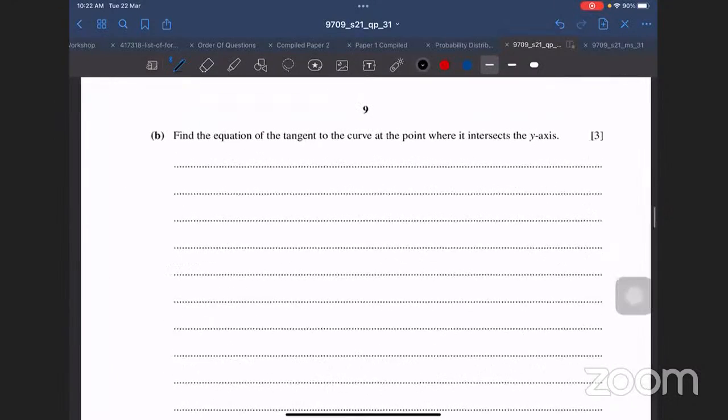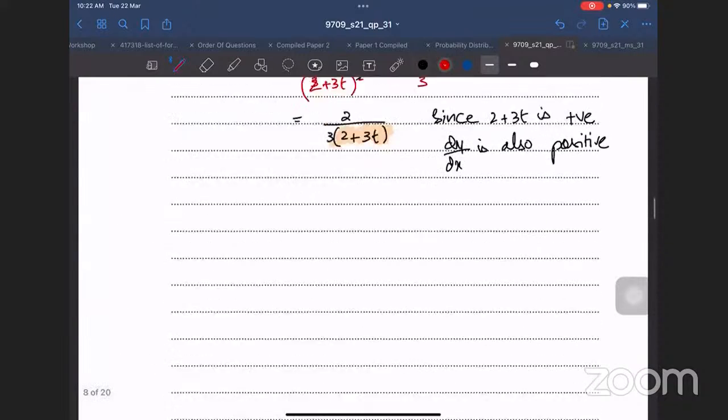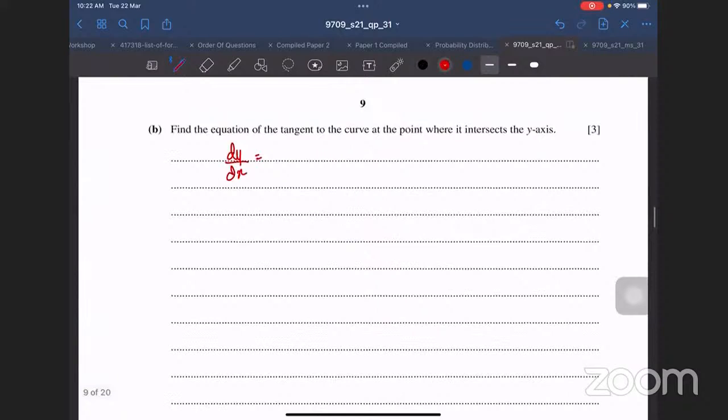Let's find the equation of the tangent to the curve at the point where it intersects the y-axis. That's dy over dx. I want it to intersect at the y-axis, which means x has to be 0.